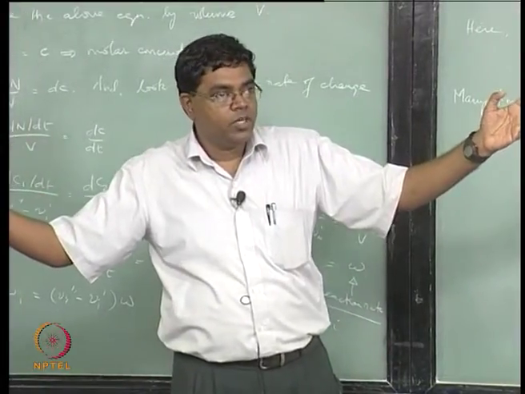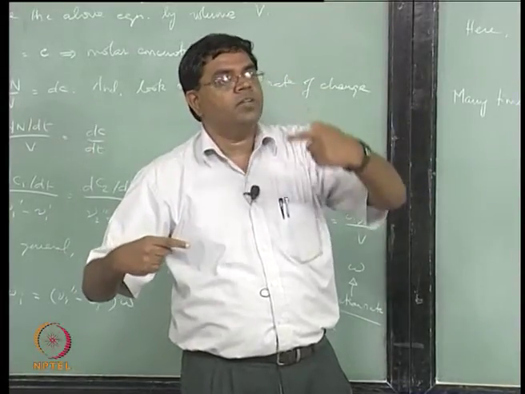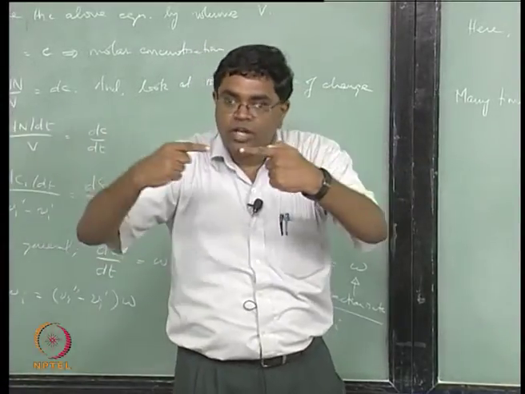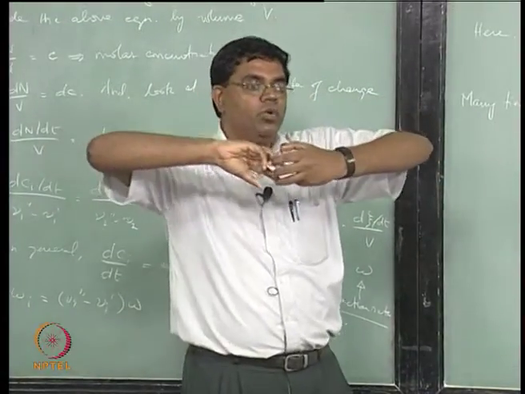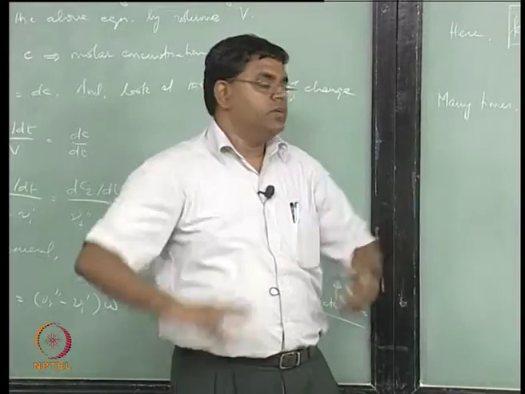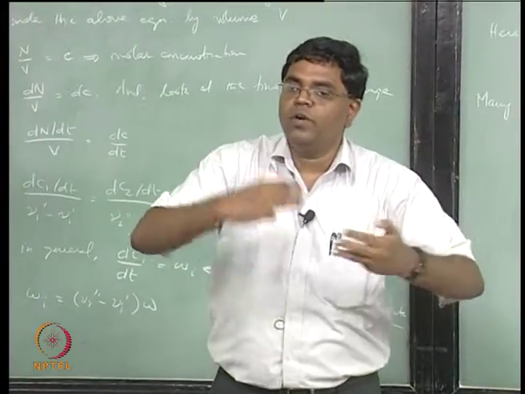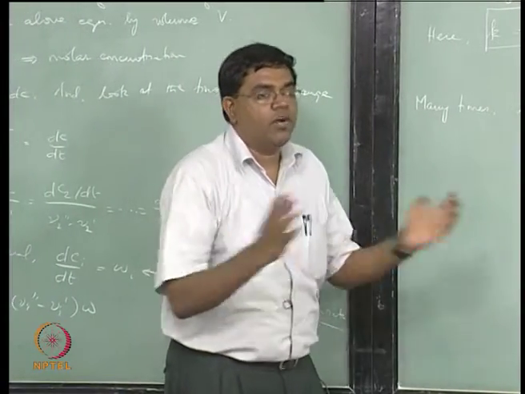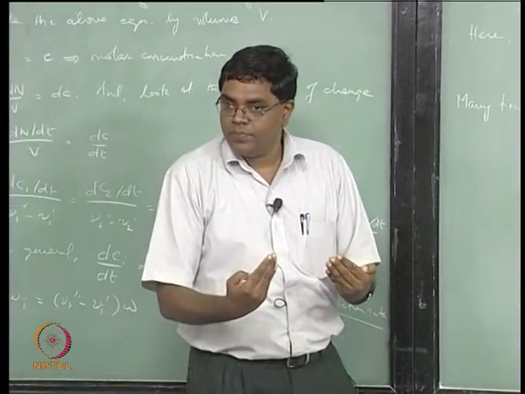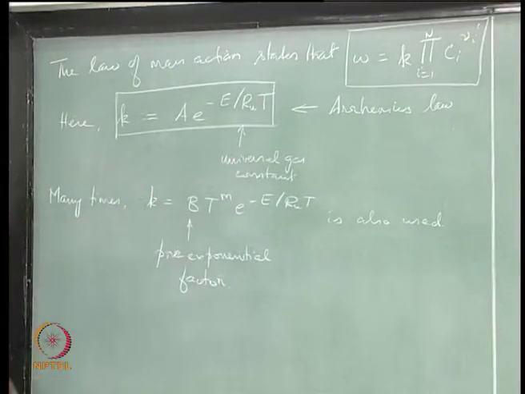That means when they collide, you need this particular atom of this molecule to collide with that particular atom of that molecule. They should be oriented in particular ways, and the probability with which they would orient in those ways is less compared to if you didn't have to worry about the orientation. All that is buried in the pre-exponential factor.